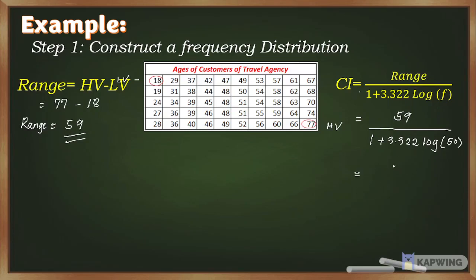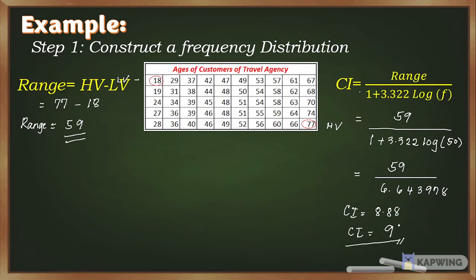So, this is 59 divided by 3.322 times log 50 plus 1, which is equal to 6.643978. So, our class interval is equal to 8.88, or approximately 9.